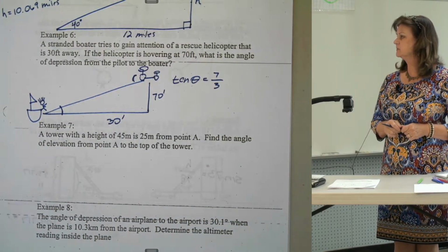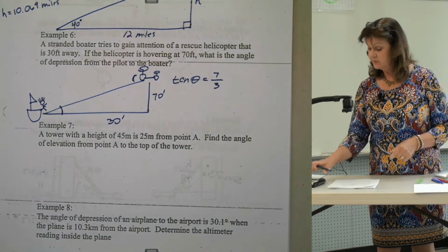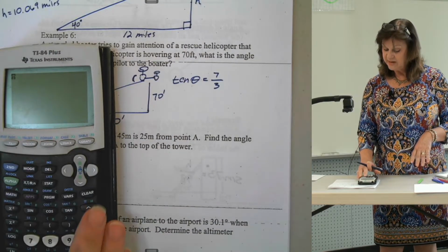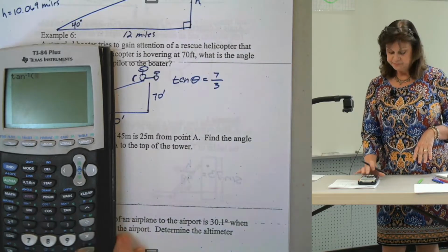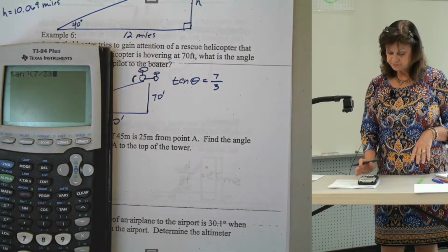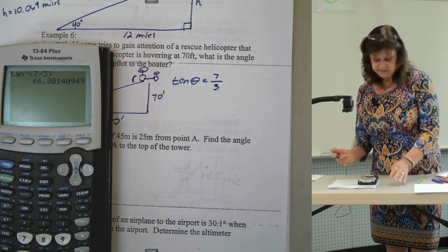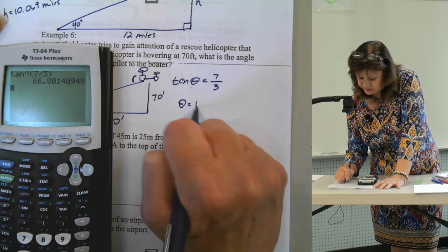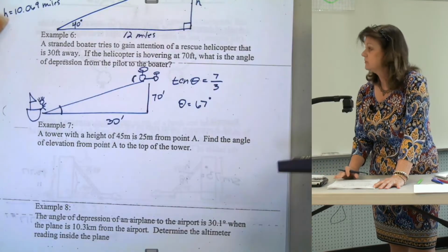It doesn't make any difference. So again, remember, this is an inverse problem. What angle has the tangent 7/3? And that angle is going to be 66.8, so it is rounded up to 67 degrees.